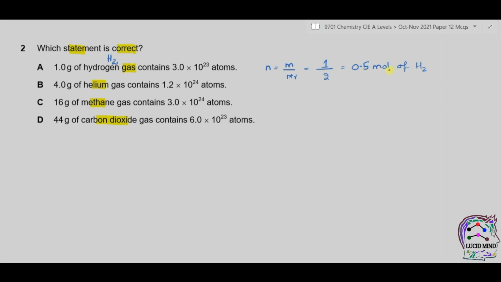Now this 0.5 moles is of hydrogen molecules. It is not of hydrogen atoms, because in the question they have given hydrogen gas, which is a molecule. Now let's convert this into atoms. As we know that one molecule consists of 2 atoms. 2 atoms of hydrogen are present in one molecule of hydrogen. So for 0.5 moles, we have 1 mole of hydrogen atoms.